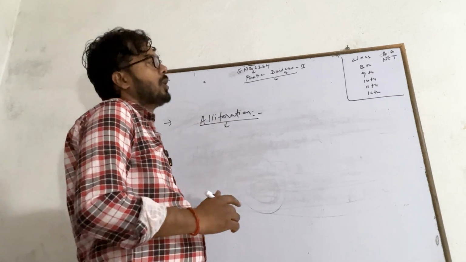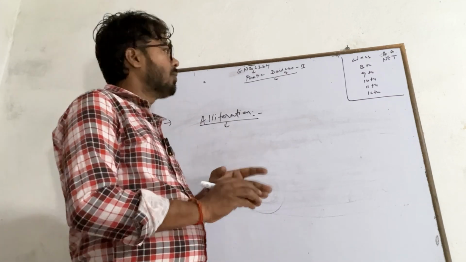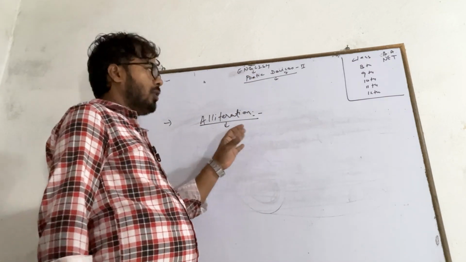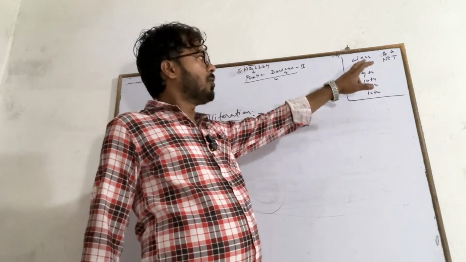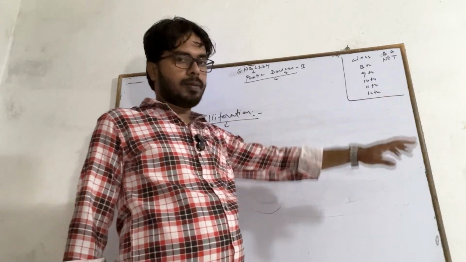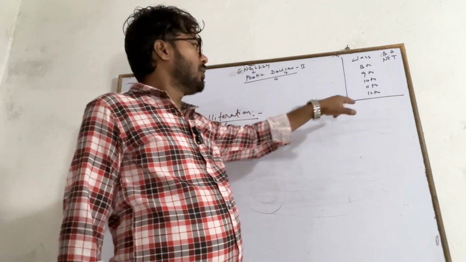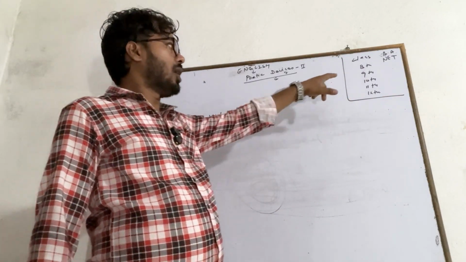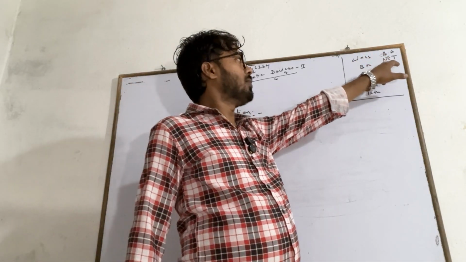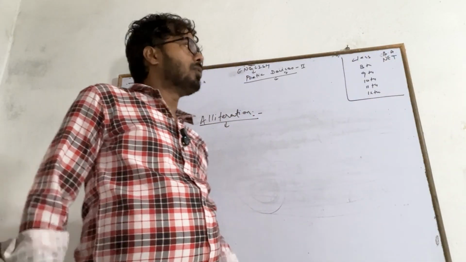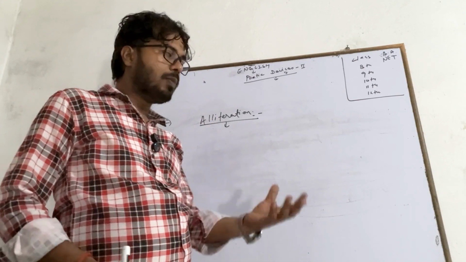Again, I'm reminding you, part one of this whole class I have already uploaded on YouTube, and this is part two of poetry devices. They are very important for class 8, 9, 10, 11, 12. Not a single exam is without poetry devices, starting with class 8 to class 12, and also in the NET examination as well as BA, for those who have taken English as a main paper.